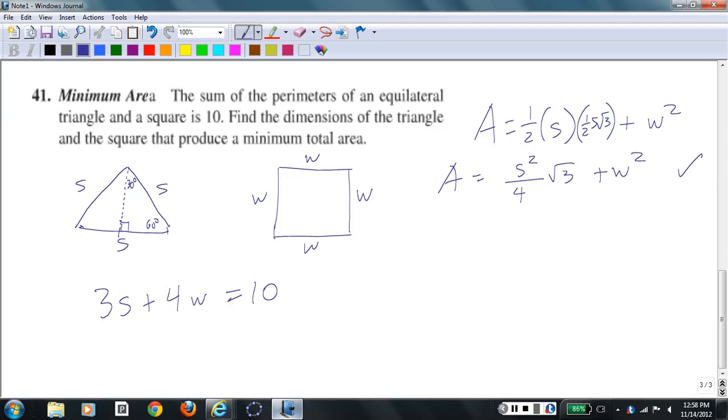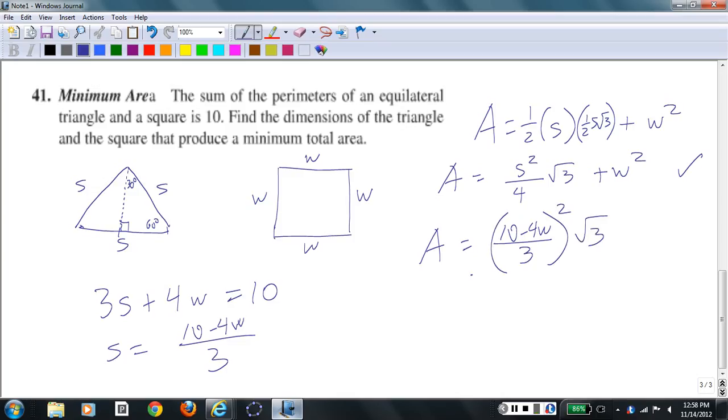If you want to work with W, then to eliminate the S, say S equals 10 minus 4W over 3, and then substitute 10 minus 4W over 3 for S, and minimize that function on an interval that makes sense.